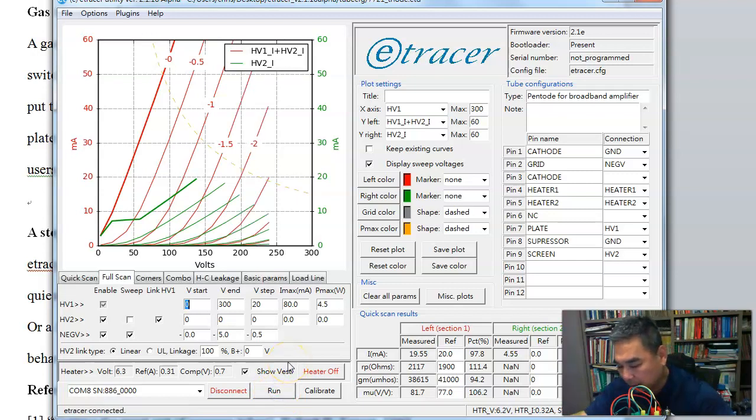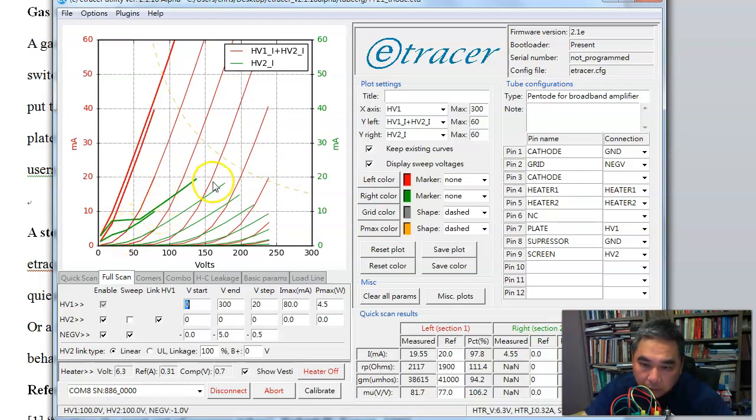Now if we put the grid resistance to 1K and run the test again, okay, the first thing we observe is the screen current is much smoother than the previous one.